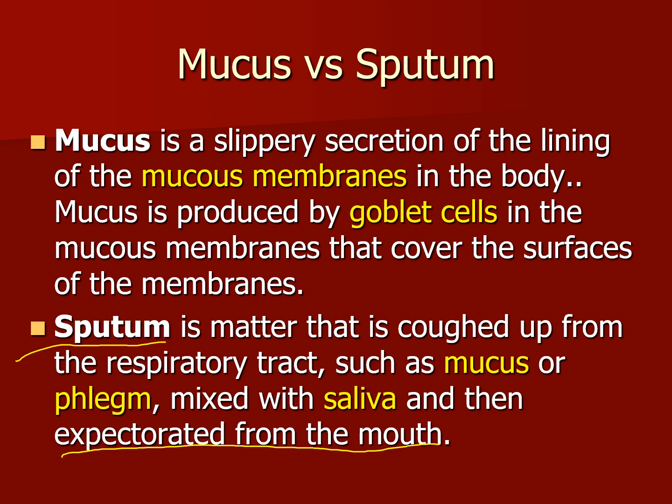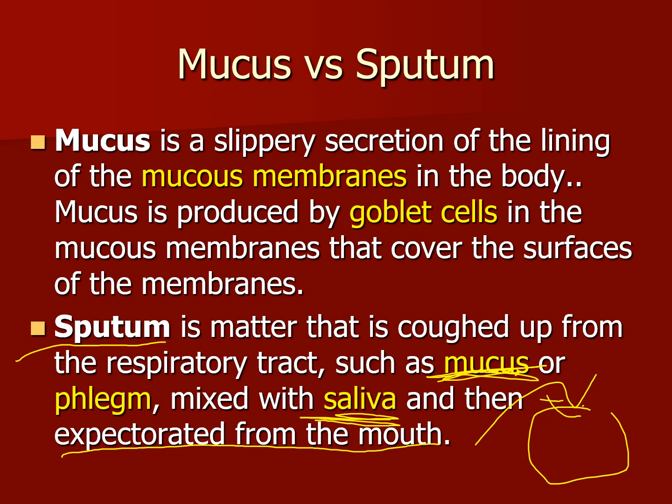So sputum is a German word that means from the mouth. And so when we're looking at this, this is something where it's been mixed with its secretions, or phlegm from your lower respiratory tract. It's mucus from your lower respiratory tract that is then mixed with saliva that we put into a specimen container, right?